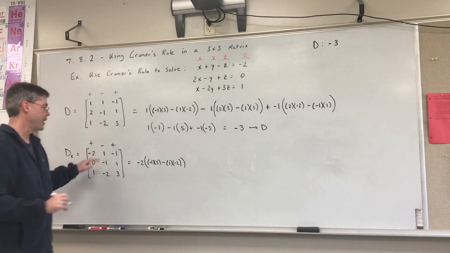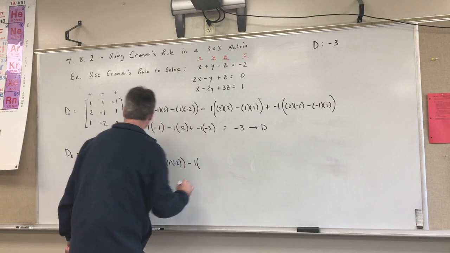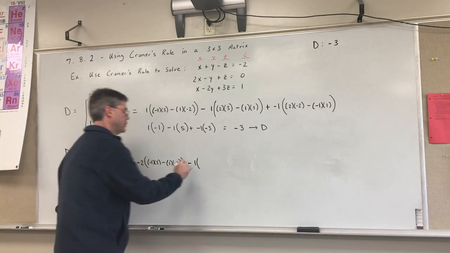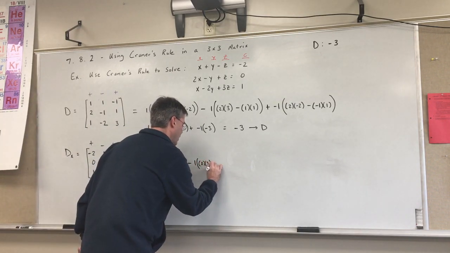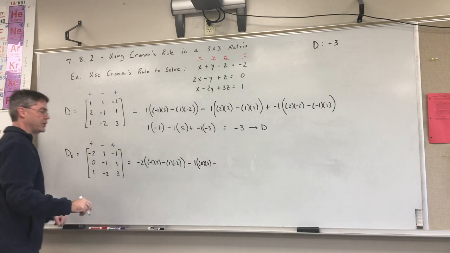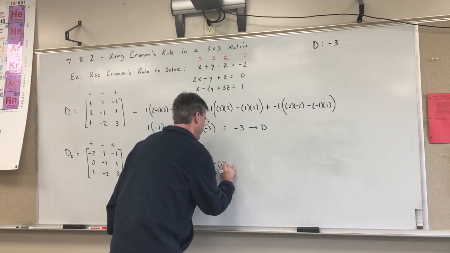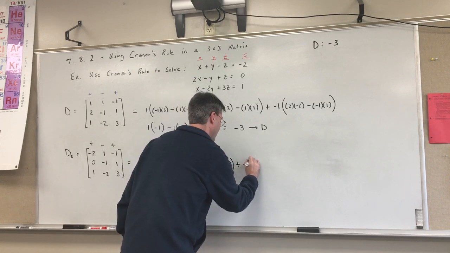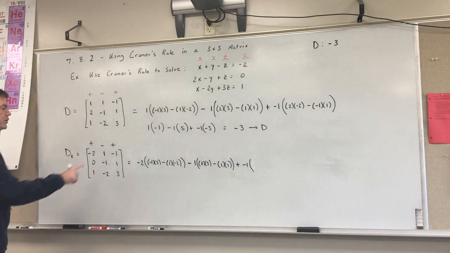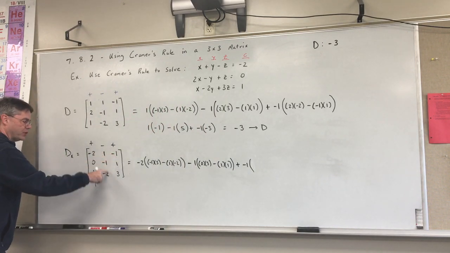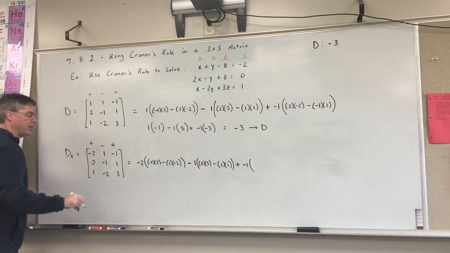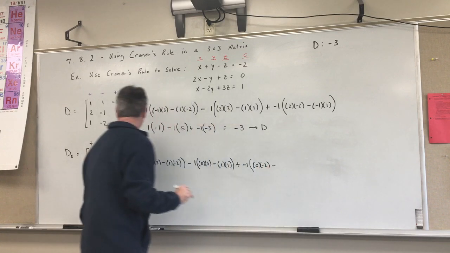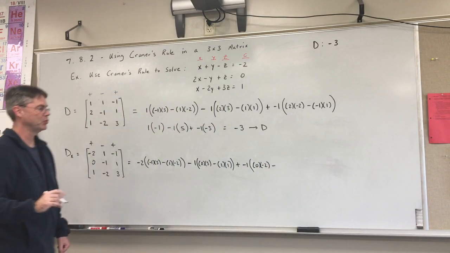Our second would have minus 1 times the matrix 0 times 3 minus 1 times 1. And then plus negative 1. Okay, so I'm working with negative 1 now, so our matrix is 0 times negative 2 minus negative 1 times 1.